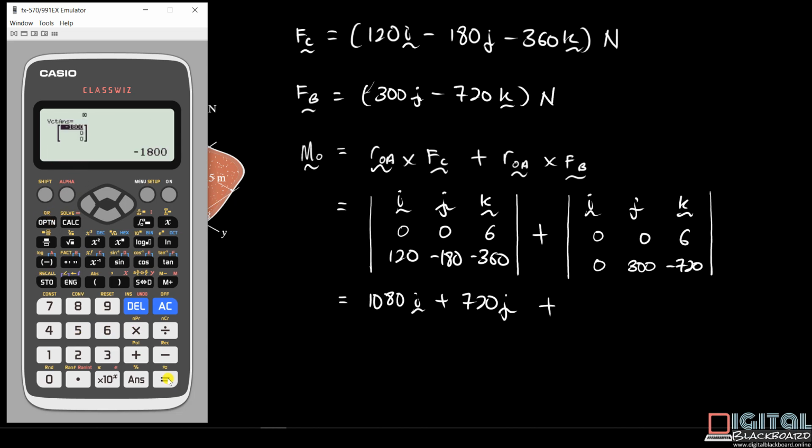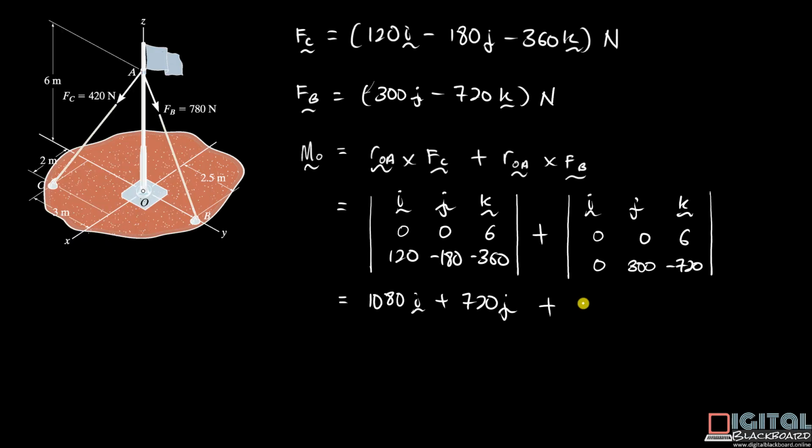So that will give us the answer minus 1800i, and no j and no k components. So it's just minus 1800i. So plus minus 1800i. And if you add these two up, you will get minus 720i plus 720j newton meter. Alright, so that's our final answer.